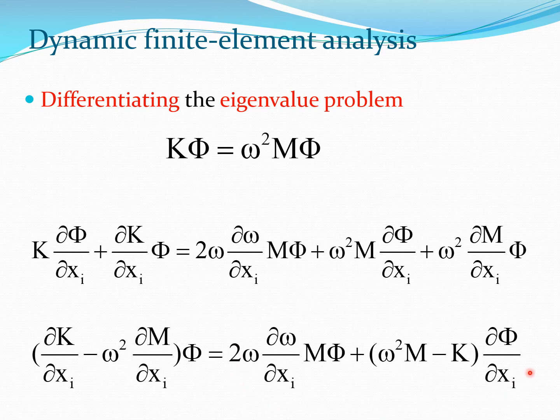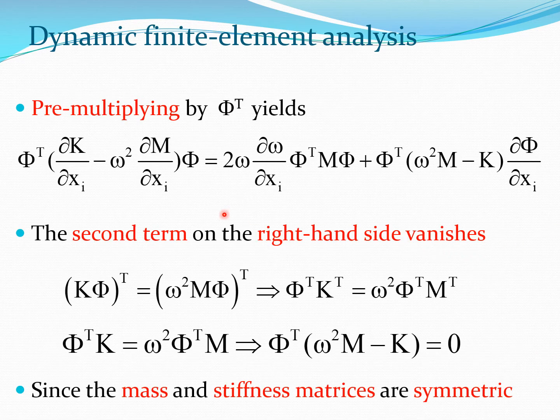And what we are going to try to prove is that one of these terms becomes 0. So we pre-multiply the previous equation by phi t, and then we see that the second term here will become 0. So you can check that out by looking at the eigenvalue problem, taking the transpose of both sides, and then we get this equation here. We rewrite this equation here, and we use the fact that k and m are symmetric matrices, therefore the transpose is the same as the matrix itself, and then we get the equation here, which is 0.